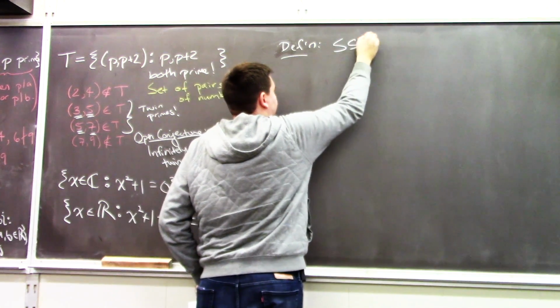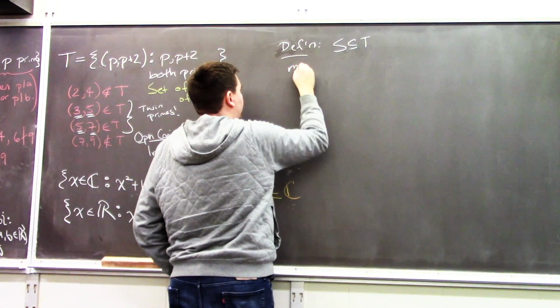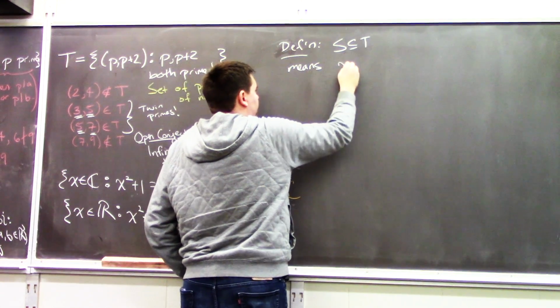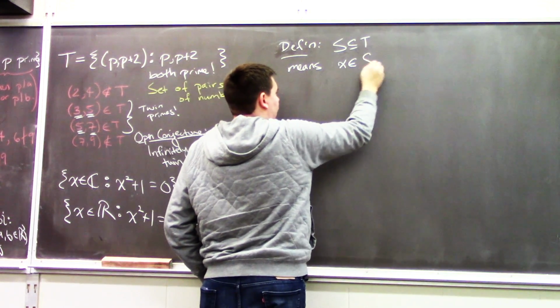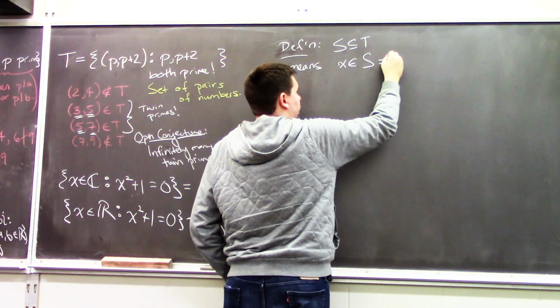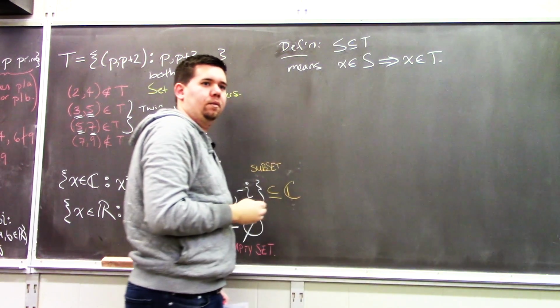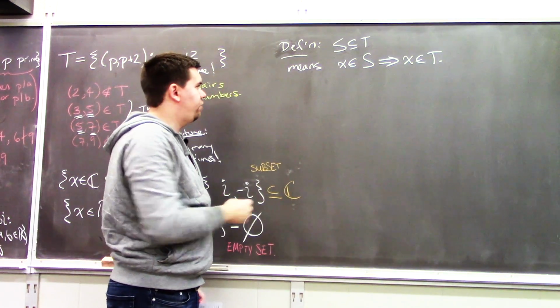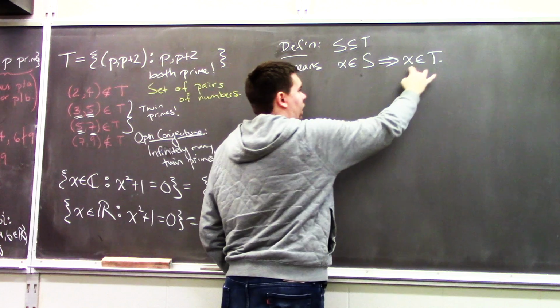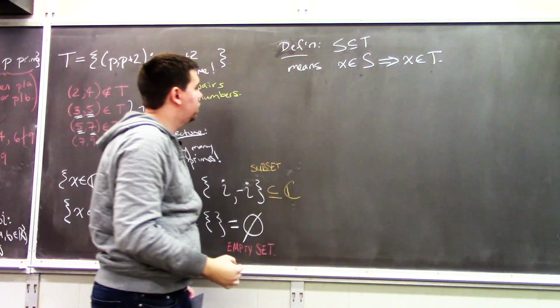S is a subset of T means that if you have some element that's an element of S, then it's also an element of T. Everything in S is also an element of T.